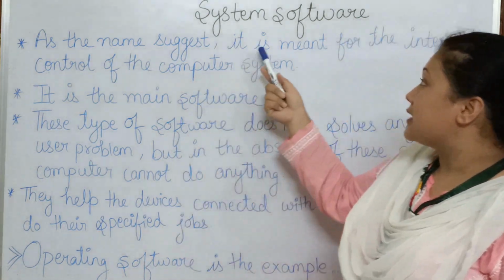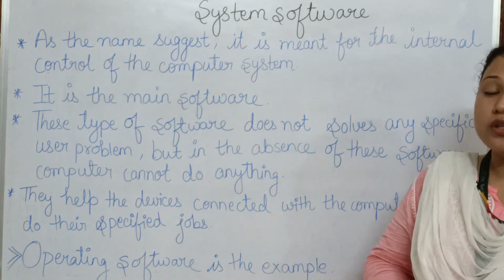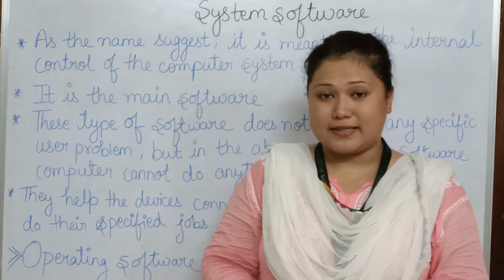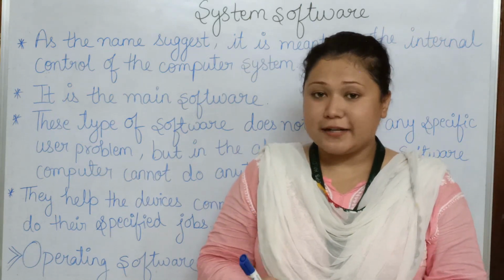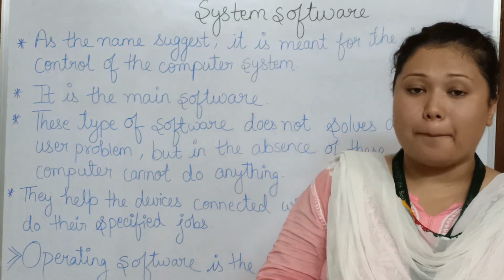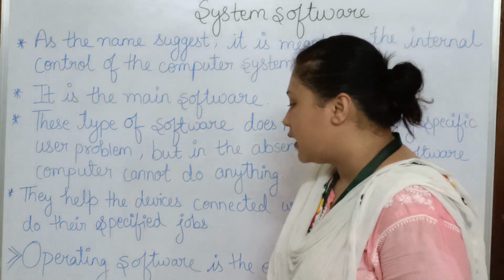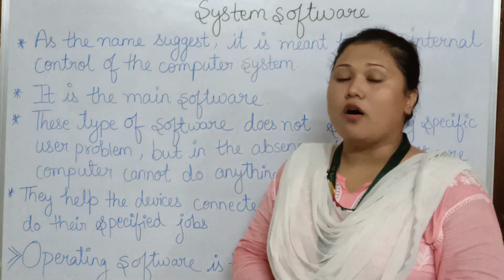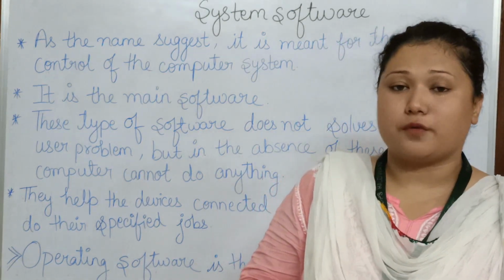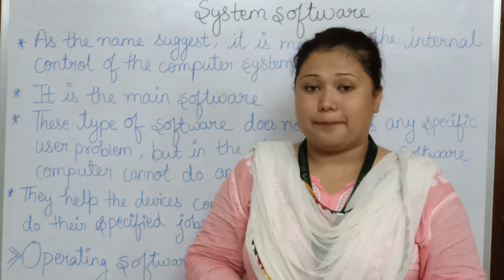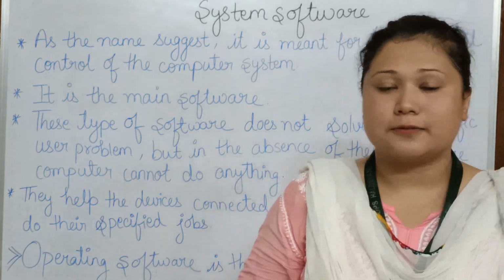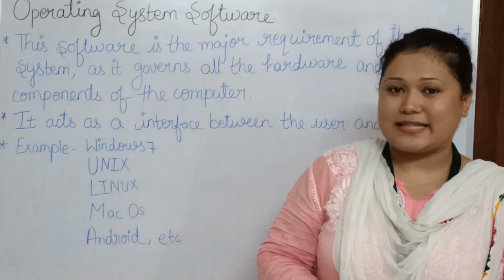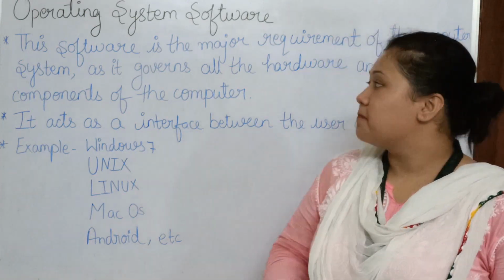System software helps the computer system to bind or connect the computer devices and helps all the devices to work properly in order. Operating system software is the best example of system software.